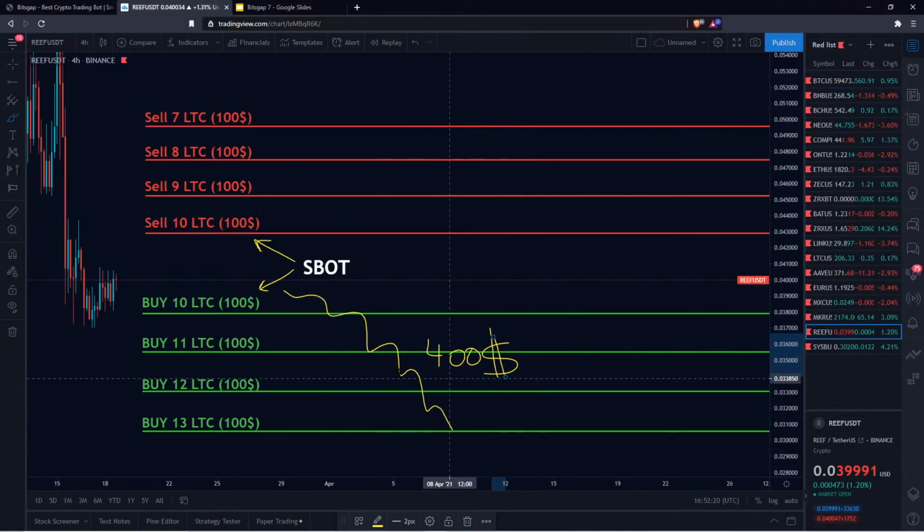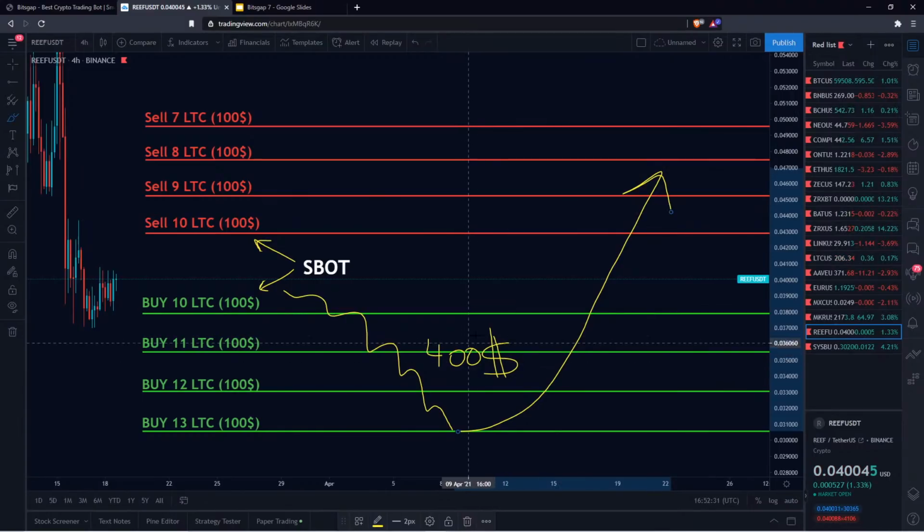So your market exposure on the downfall with the SBot is going to be bigger compared with the ClassicBot, and that's why you will have more returns, because having a position worth $400 compared with 340 is by $60 more, and that means you will generate more returns.